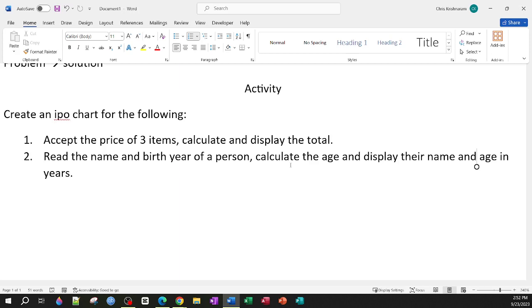But like I said, we're not focusing on that. We're just focusing on the idea that you understand how to document the input, how to document the processing, and how to document the output. But all of you did well in your two activities here. Any questions on them before we move on?